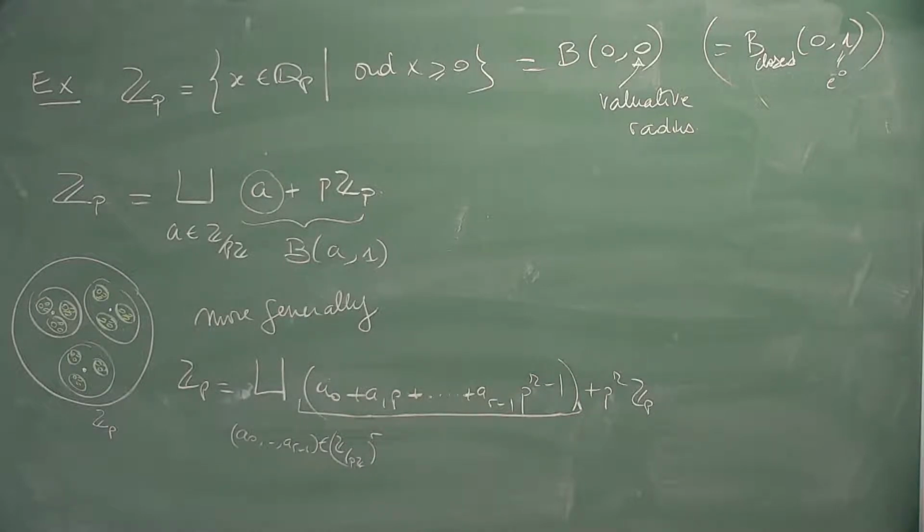Then the metric space Q_p with the p-adic absolute value is locally compact, as you have seen, and it admits a Haar measure.